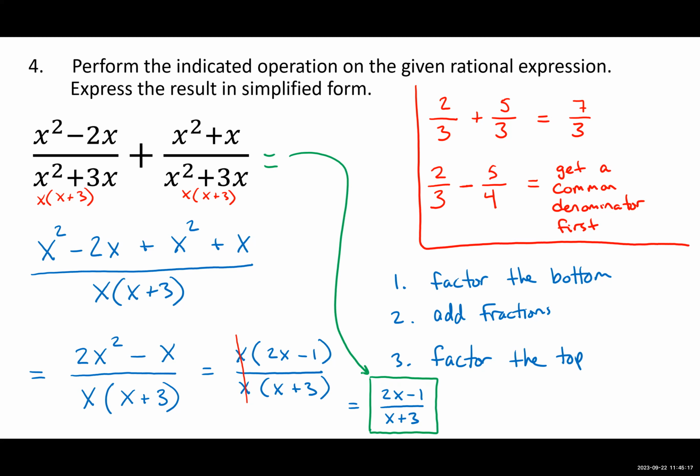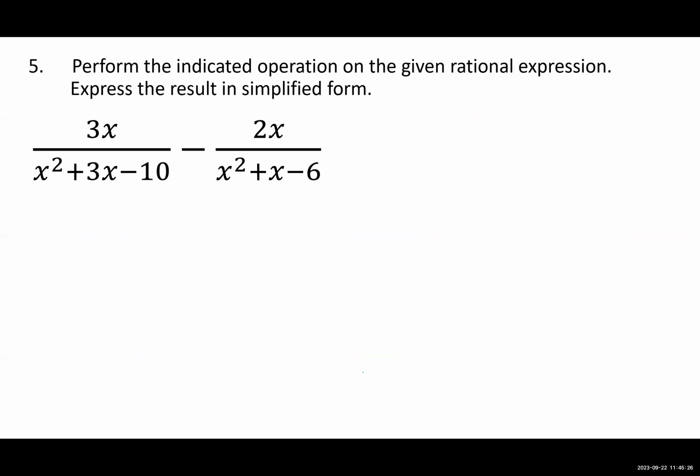Okay, so this is the easier case where you're adding two fractions that already have a common denominator. In number 5, let's follow the same steps. Factor the bottom. So that's 3x divided by x plus 5 times x minus 2.